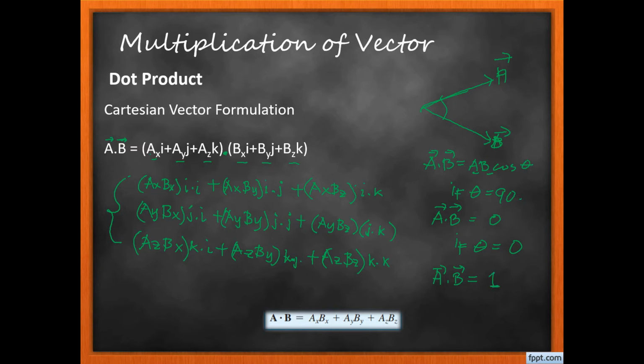Okay. So kung titignan natin dito sa nabuo nating equation dito, we know that this is equals to A dot B. So makikita natin dito, napansin natin, dito sa unang term meron tayong i and i. So ibig sabihin yung ating axis is parallel.